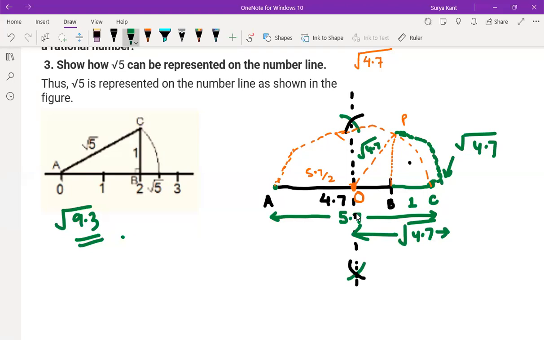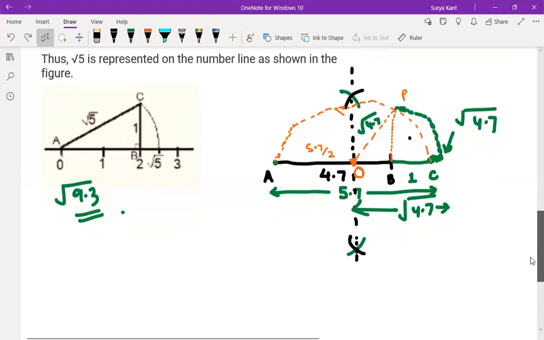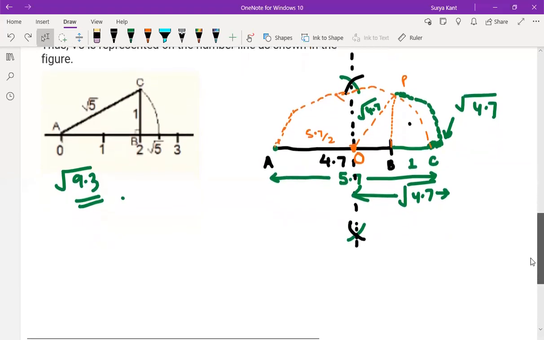The steps you are getting, but how to do the steps? Shall I explain how we are getting root 4.7? Yes, you are getting the steps, but how it is happening, you might not know. Take this triangle separately.